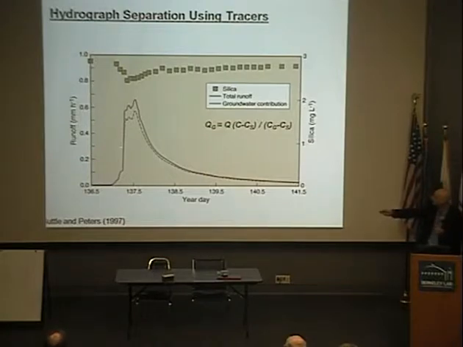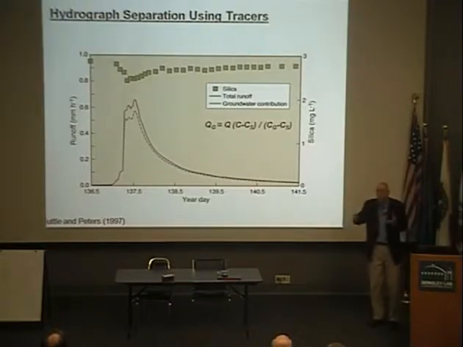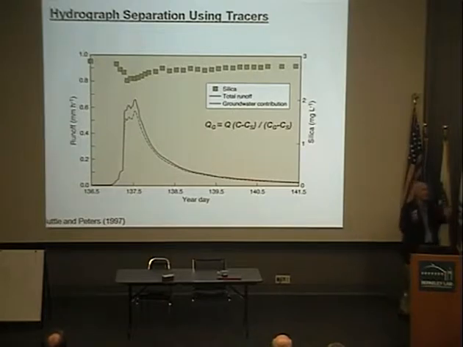So in this case, this is the flow rate of the stream, total runoff. These are the concentrations of silica measured throughout that rainfall event, throughout that flow event. From the changes in the concentration of silica, they would determine how much of this flow event was groundwater and how much was surface runoff.